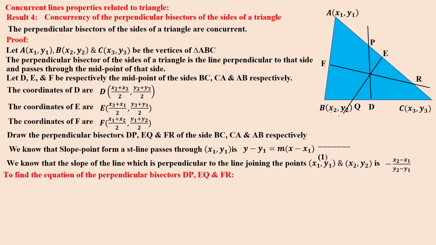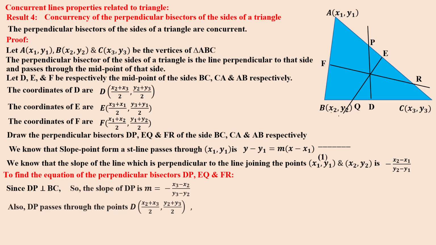So we are now going to write the equations of the perpendicular bisectors DP, EQ and FR. DP is perpendicular to BC. The slope of DP is m equal to minus (x3 minus x2) by (y3 minus y2), and it passes through the point D, (x2 plus x3 by 2, y2 plus y3 by 2).